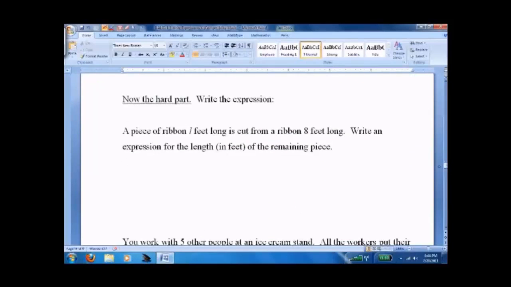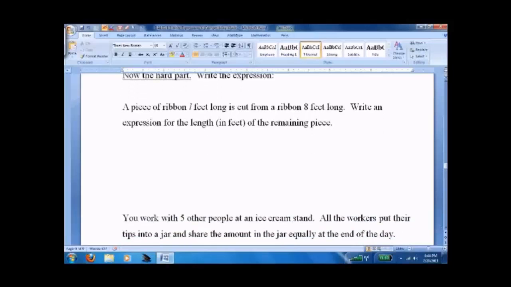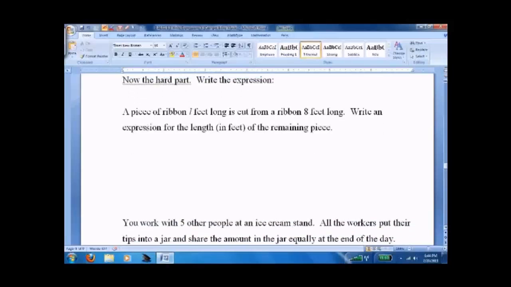Now the hard part is writing an expression where it's more than just one piece. It's lots of pieces put together. So we've got a piece of ribbon, L feet long. That's an L. I'll write it as a script L. It's cut from a ribbon 8 feet long. Write an expression for the length of the remaining piece. Well, it was 8 feet long, and we cut out a piece L feet long.